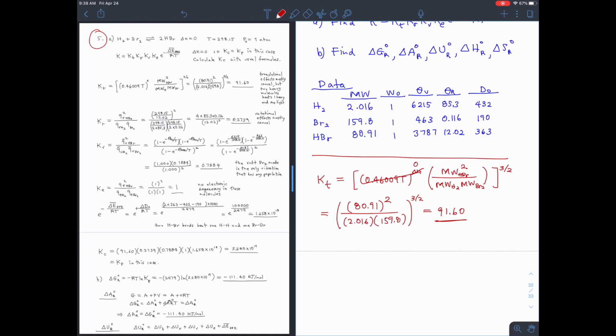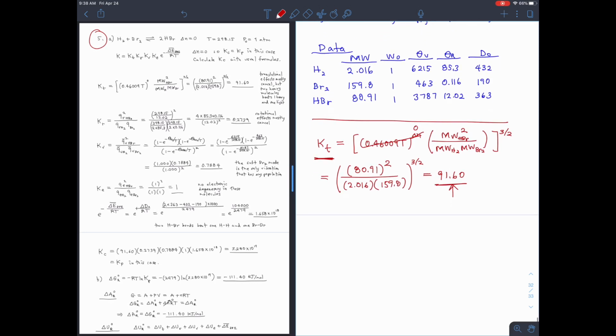Notice that as translational contributions go, that's a rather small one, but it's not a 1. The translations are contributing something in this case, and that's because we have H2 plus Br2 goes to 2HBr. And so this is a very light molecule. Its translational partition function is fairly small as translational partition functions go.